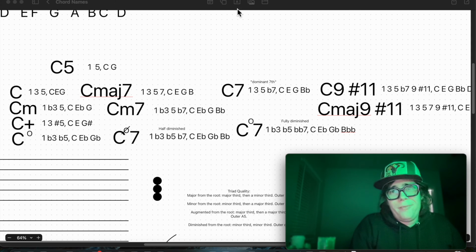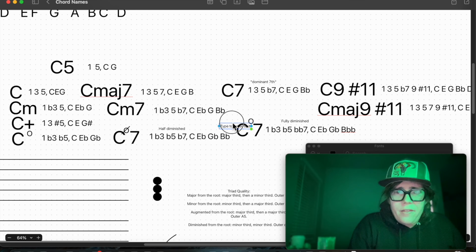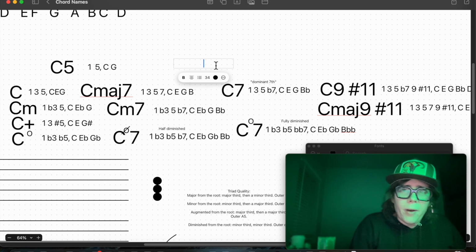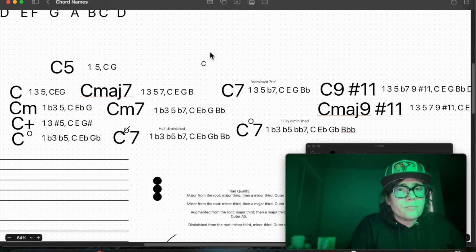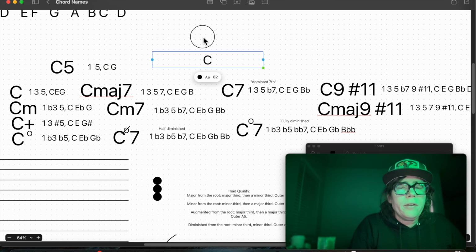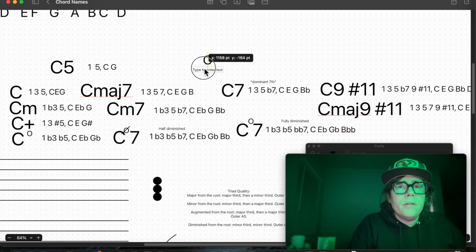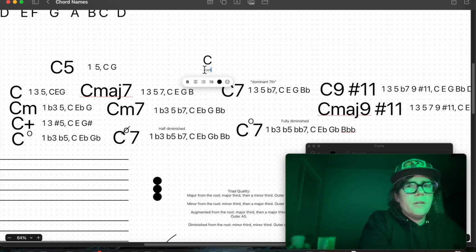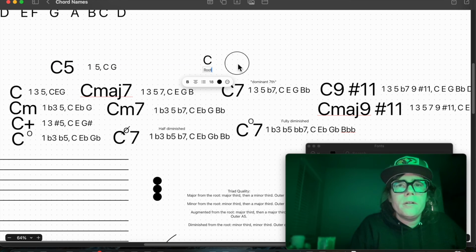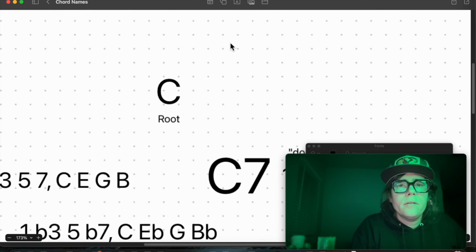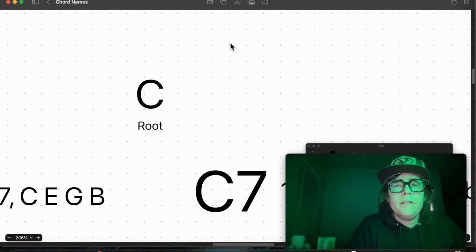The big takeaway is this, that when we're talking about this style of chord writing, we have a root, makes it a little bigger for us. This is our root. Right?